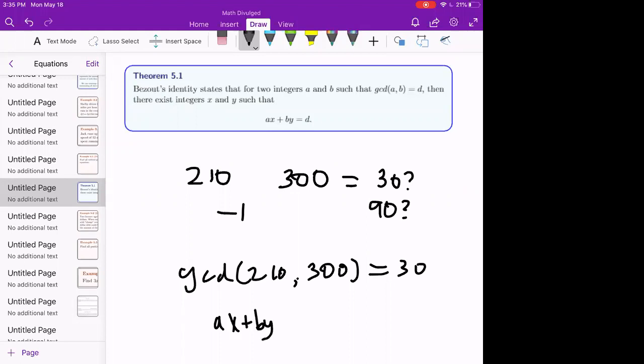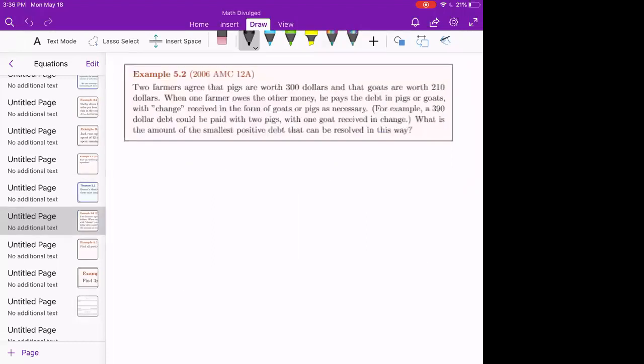D divides all ax plus by. So this would make the next problem a bit easy for us, because this means that every possible amount of debt that can be resolved has to be divisible by the greatest common divisor of 210 and 300, which is 30. So therefore, the smallest positive multiple of 30 is just 30. So this is just our answer.